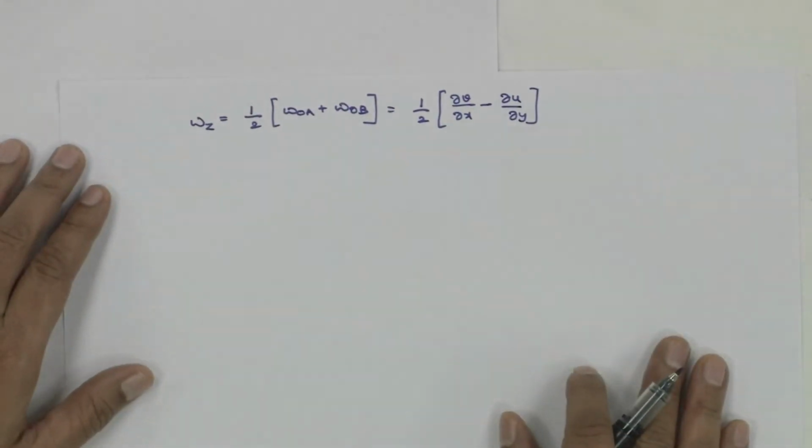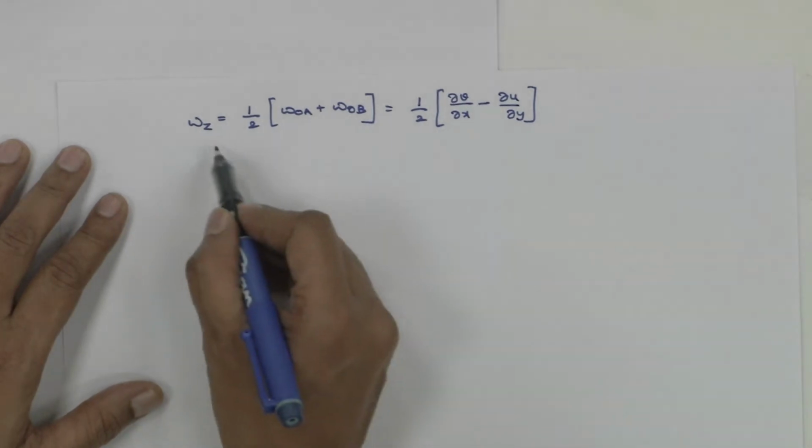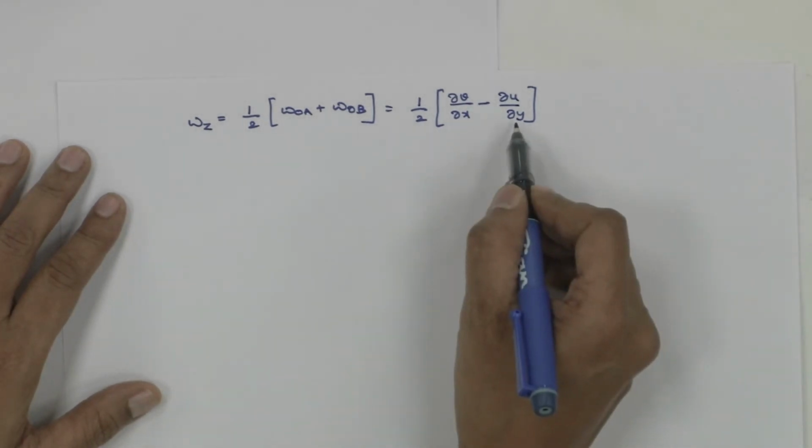This is what you are going to get. So this is rotation along the z-axis.